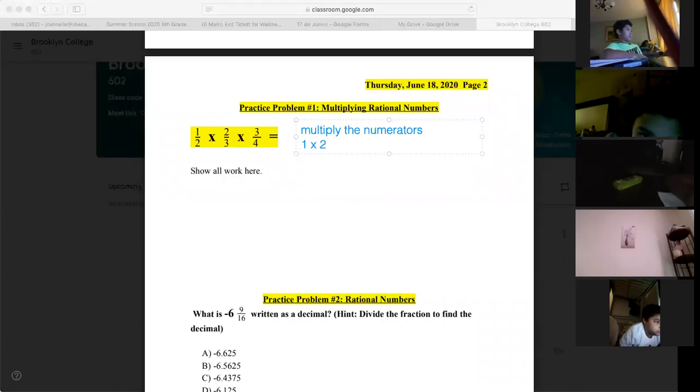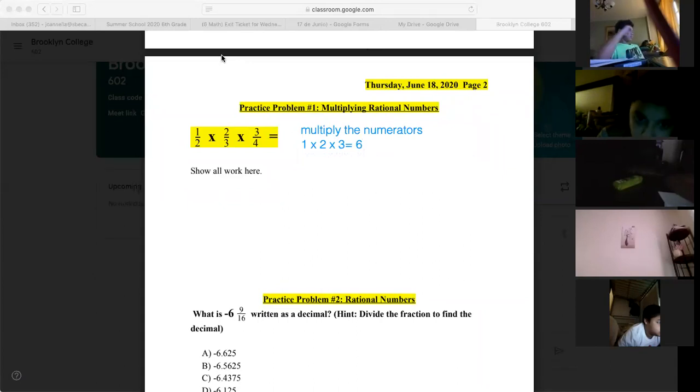The numerators are the top numbers, right? 1, 2, and 3. Great. What is 1 times 2 times 3? 1 times 2 is 2, and 2 times 3 equals 6. So the numerator would be 6.